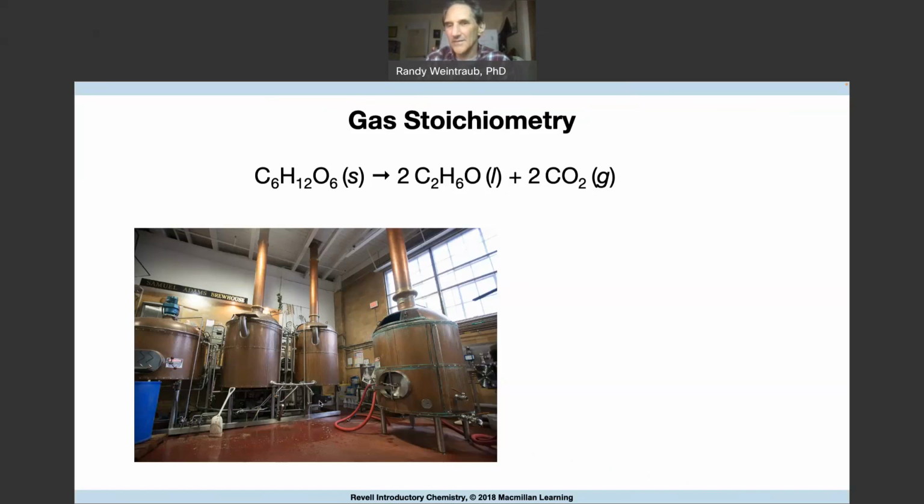To conduct reactions safely, it is necessary to be aware of how much gas is being produced in a chemical reaction, as well as the temperature. For example, in a fermentation reaction, how much CO2 is produced from a kilogram of glucose when it undergoes fermentation? To answer this question, we refer back to stoichiometry and also the gas laws that we've seen here.